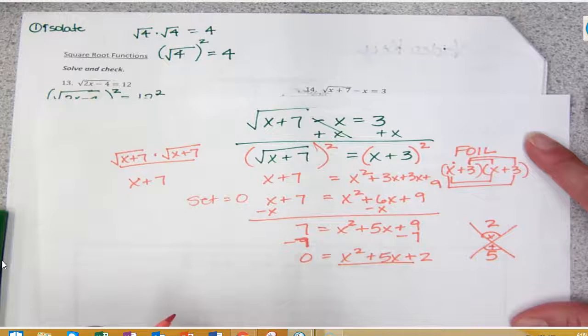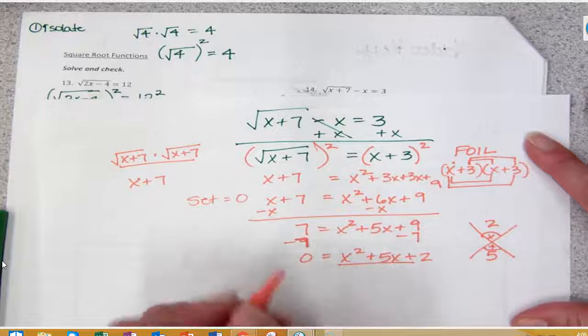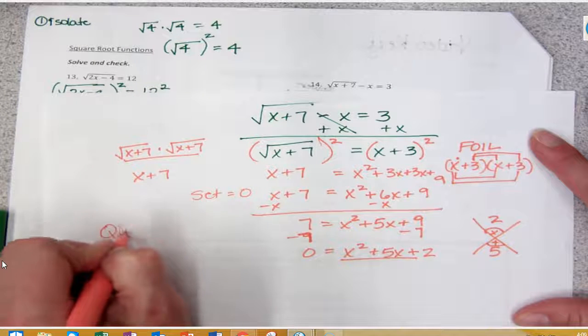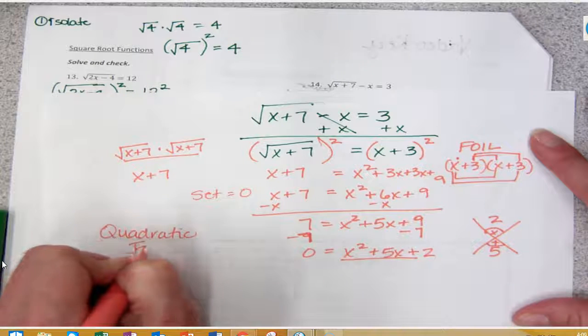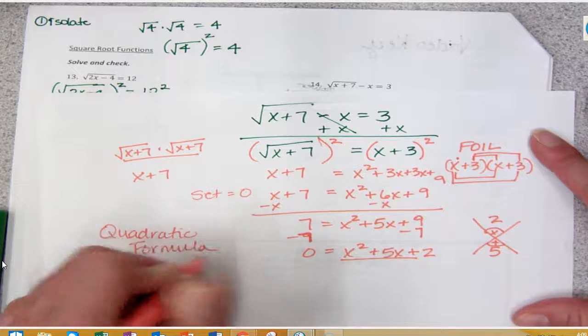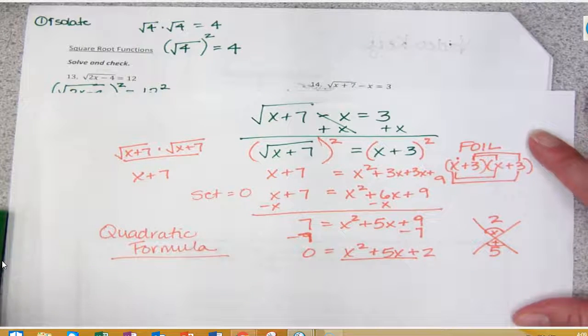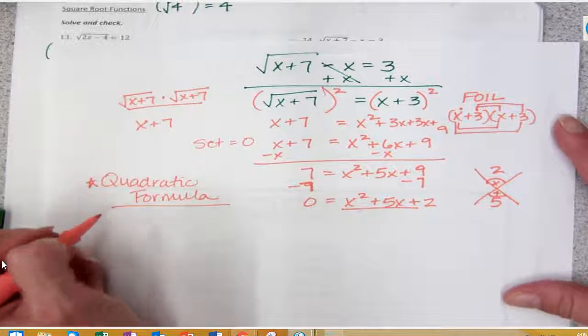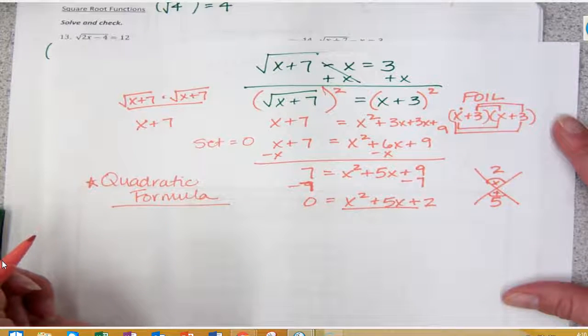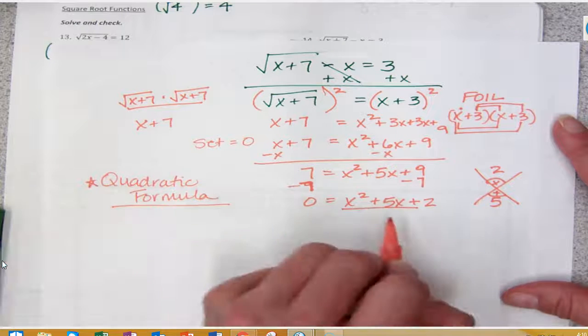The other way that you need to solve this is through the quadratic formula. Because whenever you cannot factor, you can always use the quadratic formula. And I know that that's really pulling a tool out of your math toolbox that you haven't used in a while.